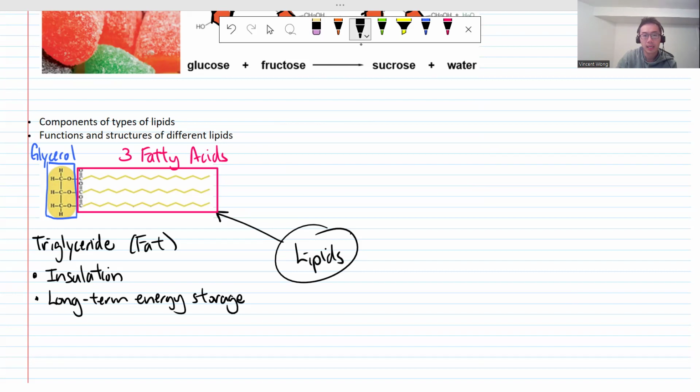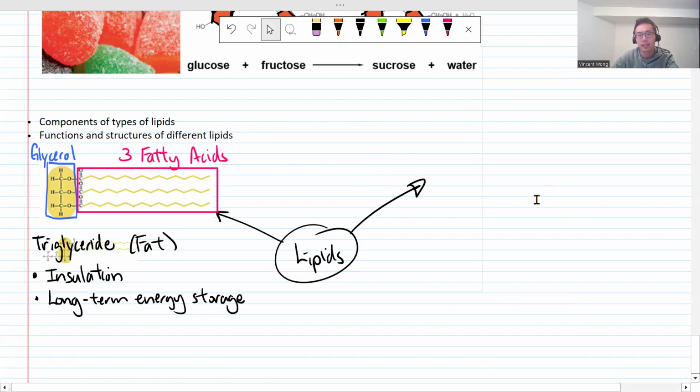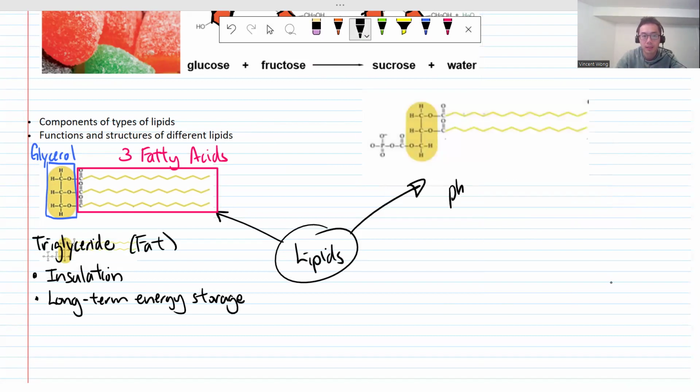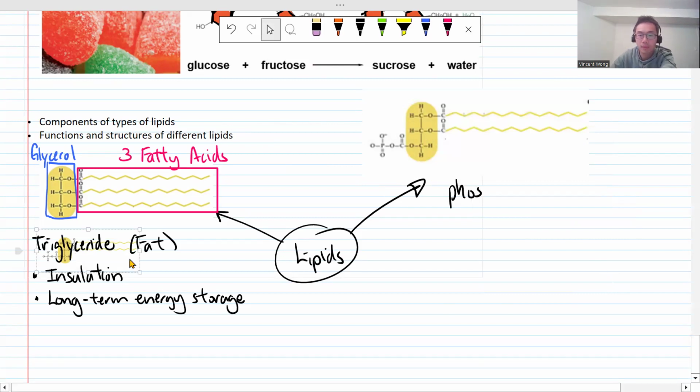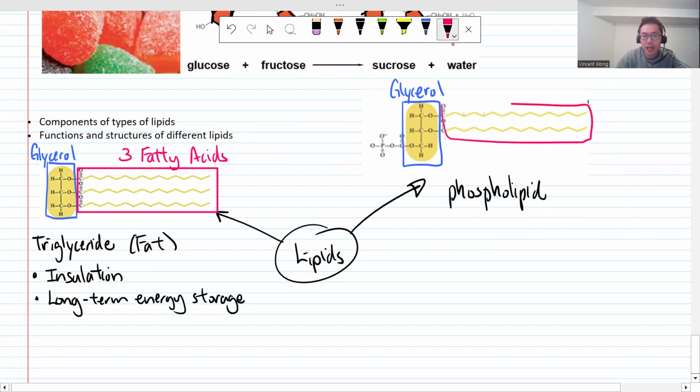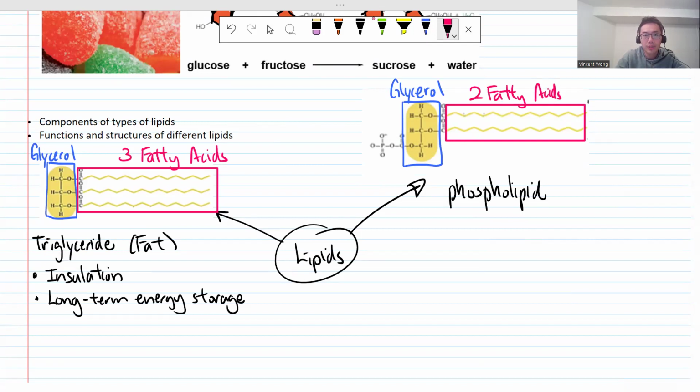Another kind of lipid that we talked about is this thing. There we go. This is the phospholipid. And we have the glycerol again right here. We have the 2 fatty acids. And there is also a new thing here that the triglyceride doesn't have.